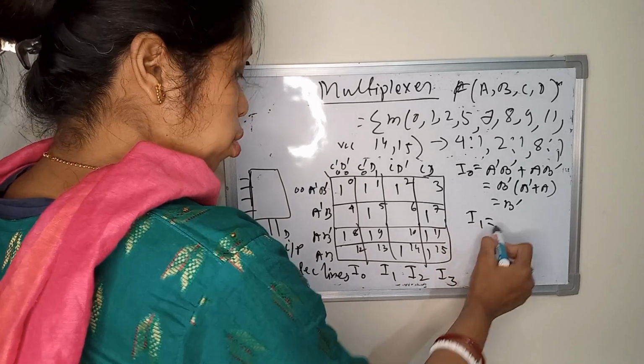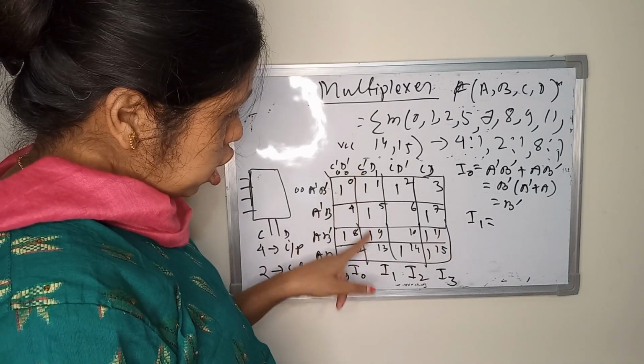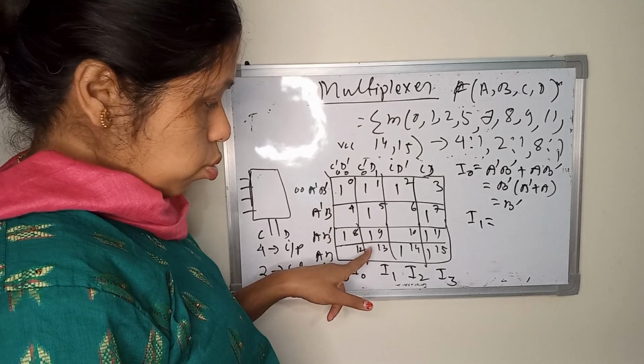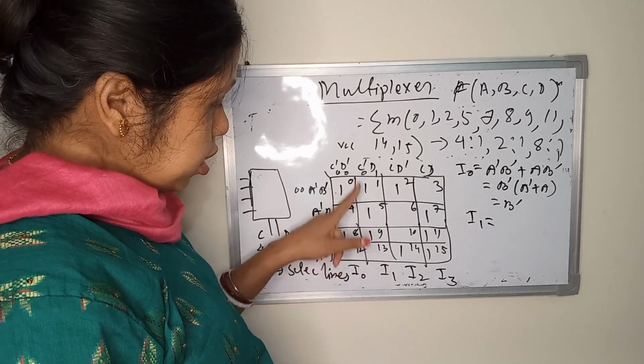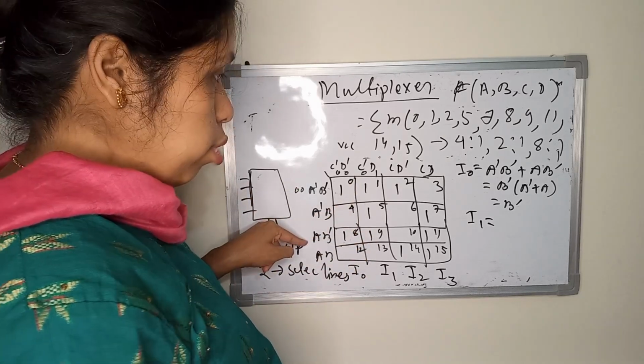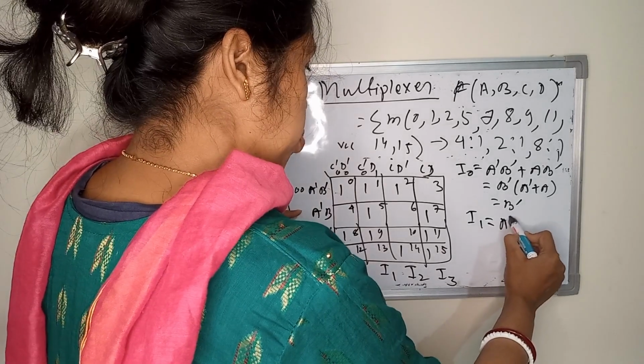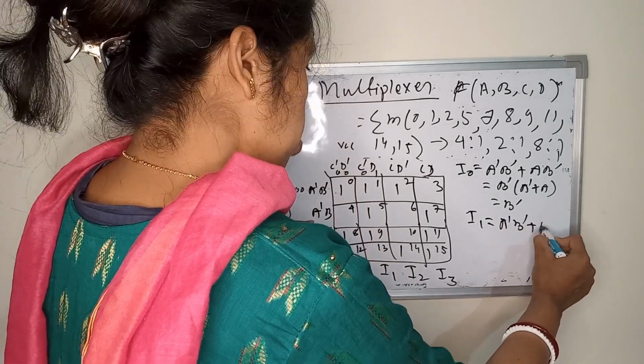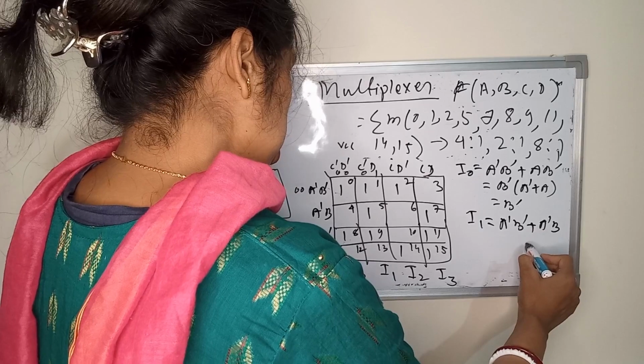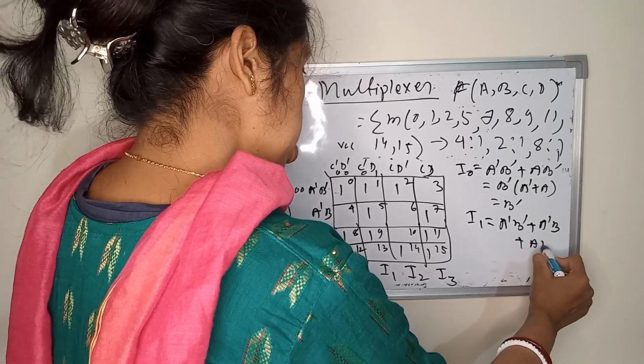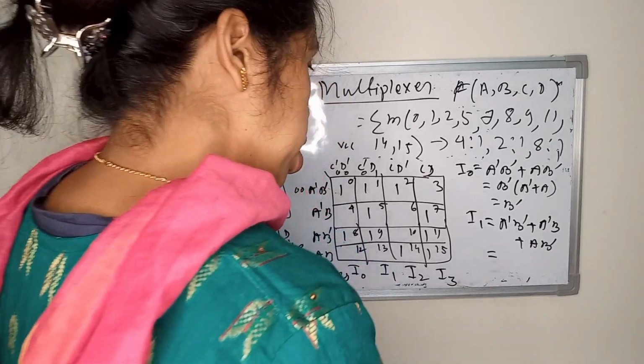Now I come to I1. Writing I1, I will consider these ones. For this, I have to write these 3 values here, right? So it is A prime B prime plus A prime B plus A B prime.